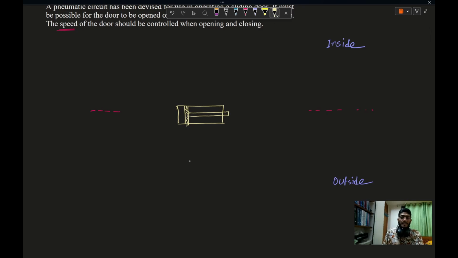To control this double acting cylinder, I need a 5x2 direction control valve. Both sides will be pilot operated. The left side will be for opening and the right side will be for closing. I need to make room.